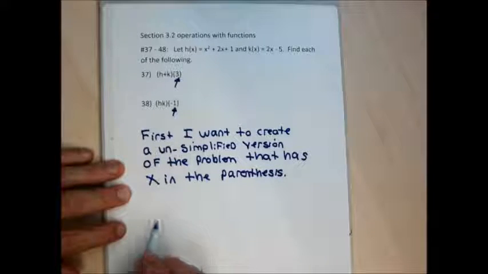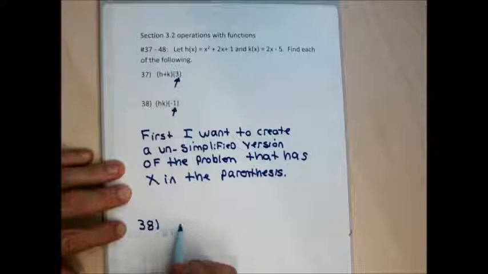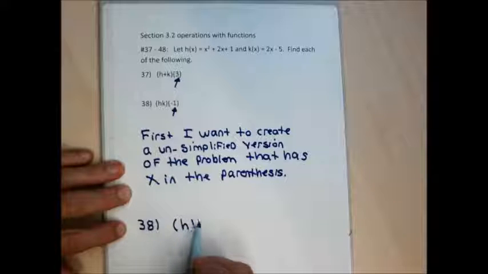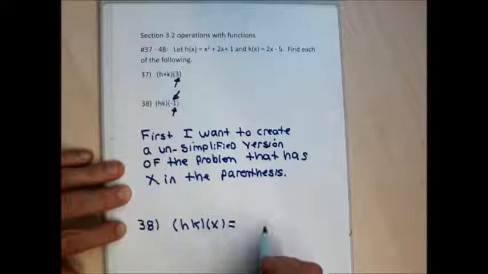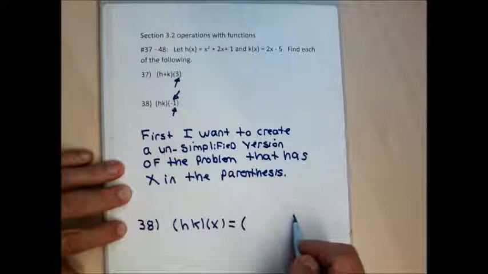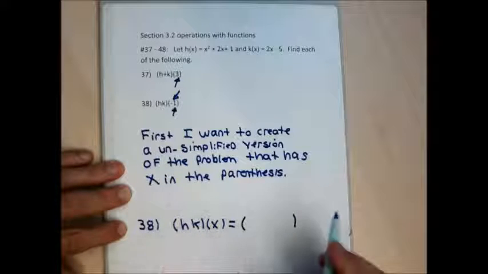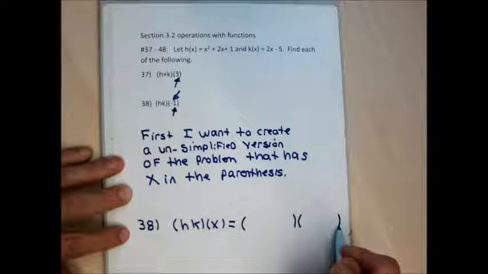So for problem 38, the first thing that I would like to do is create an unsimplified version of the problem, but changing that number that was in the parentheses to an x. And this is super easy to do. I'm just going to put a parentheses for the h and a parentheses for the k.